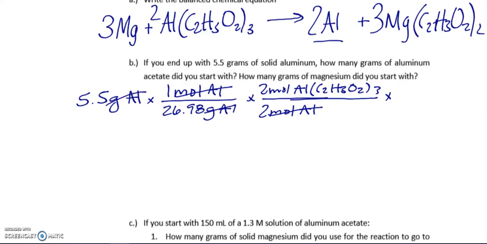And now, the only thing left over is moles of aluminum acetate. So you need to figure out how many grams of aluminum acetate that is. And molar mass is out of units of 1 mole. I know you have 2 moles in your chemical equation, but you already took care of that math during the molar ratio, so you don't have to do it twice. So the molar mass of aluminum acetate, it's a big one. 26 plus 32.